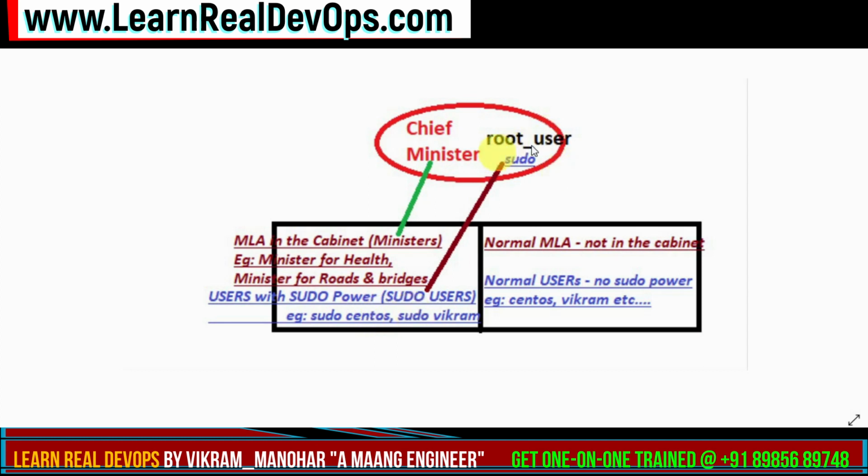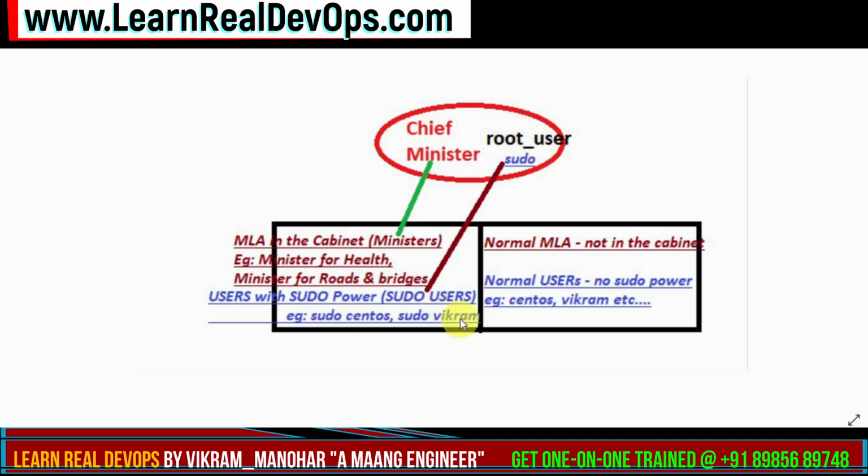The same way, if the root user shares his sudo power with a user called Vikram, then Vikram becomes sudo Vikram. Clear? So the advantage of a user with sudo power is that the CentOS user with sudo power can do almost all activities, not all but most of the activities a root user can do.